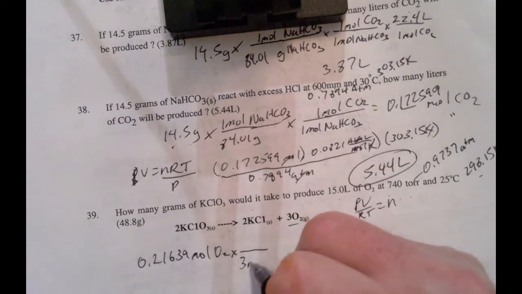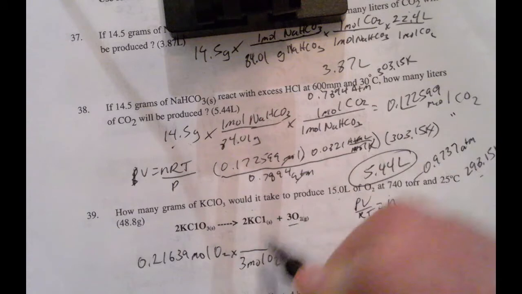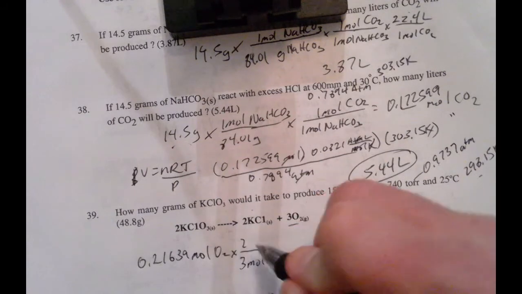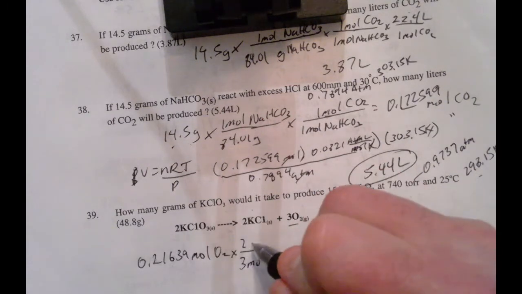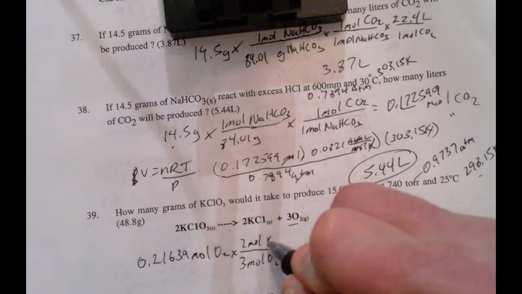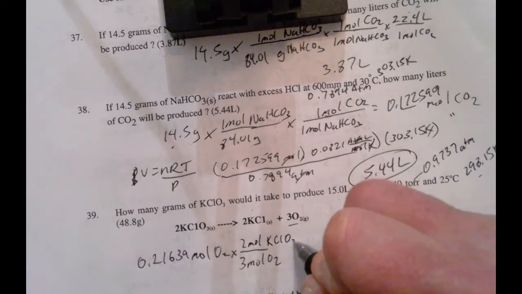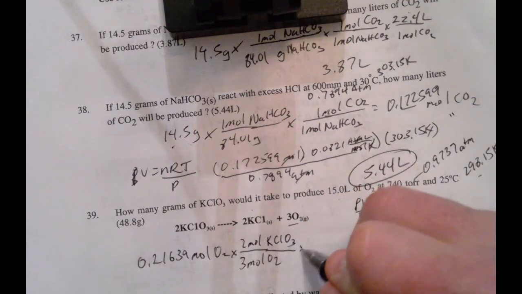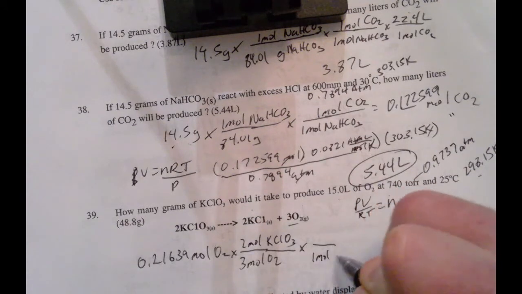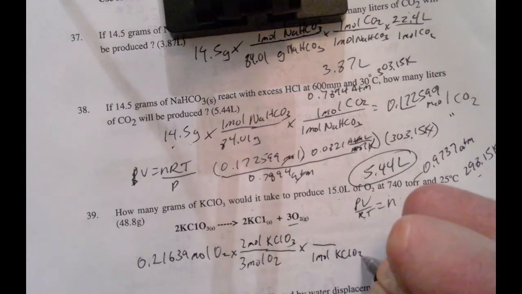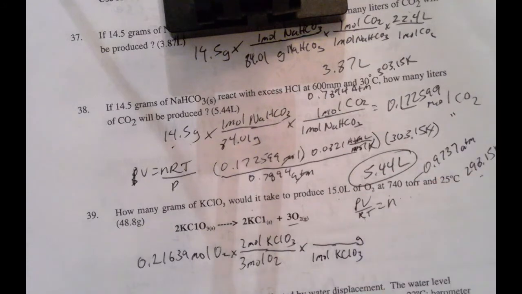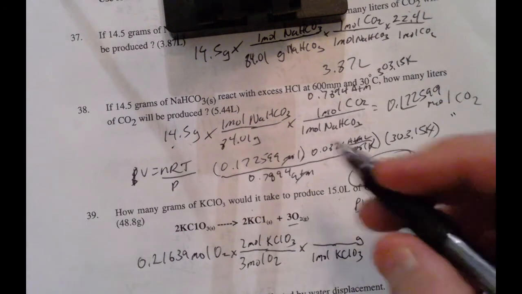Every 3 moles of O2 make 2 moles of potassium chlorate. And every 1 mole of potassium chlorate is so many grams of potassium chlorate: 39.10 plus 35.45 plus 16 times 3.